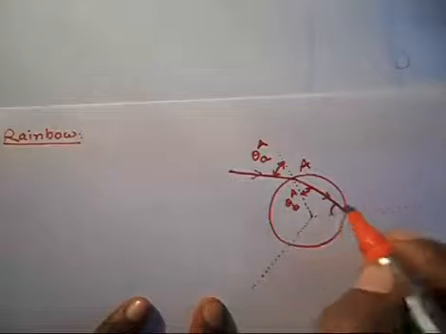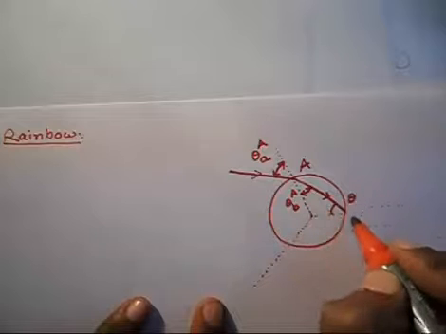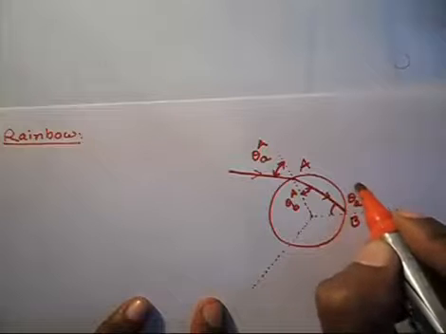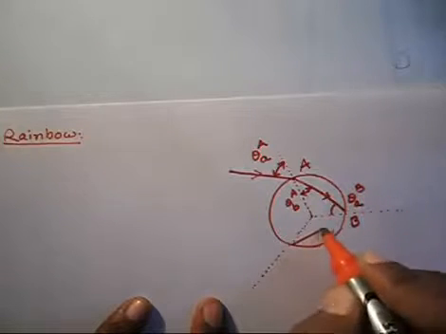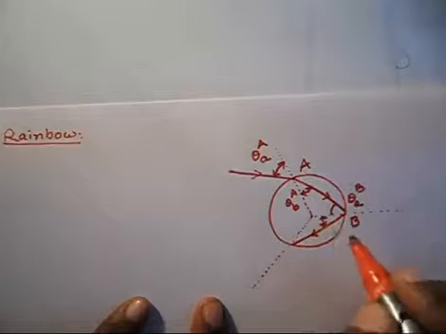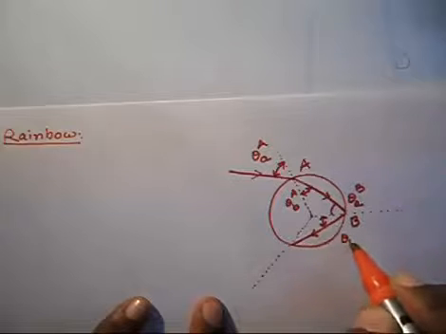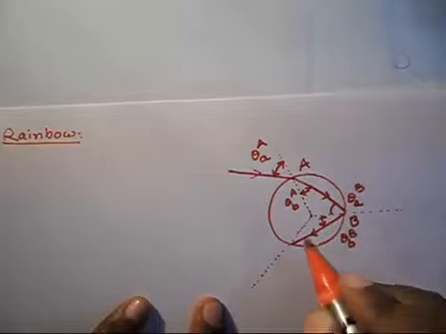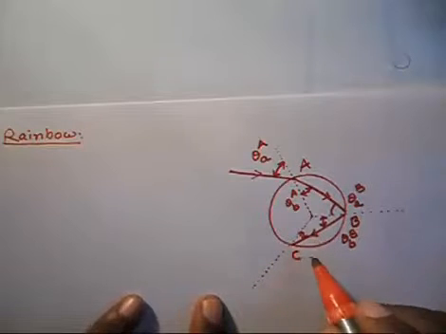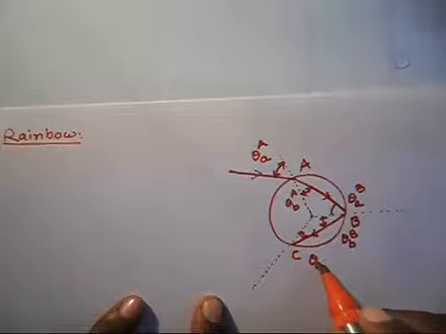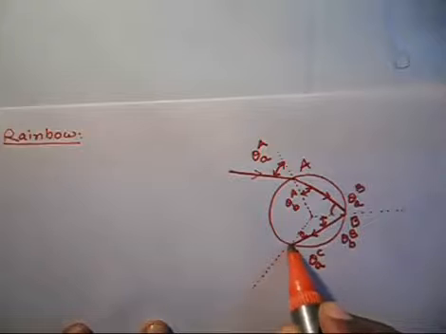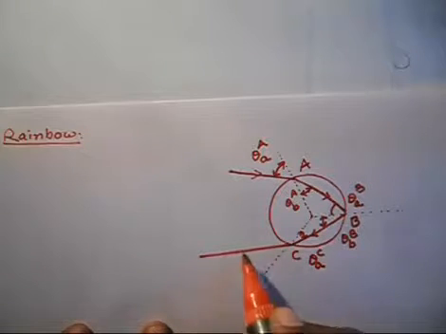Now this angle is called theta A, and let us call this point B. So this angle is called theta A at B. Now after reflection, this is the total internal reflection, they are calling this angle theta B at B. Now this point is C. This angle is called theta A at C. Now finally light ray again deviates from the normal, so it goes something like this.